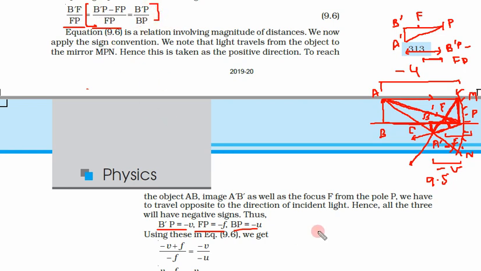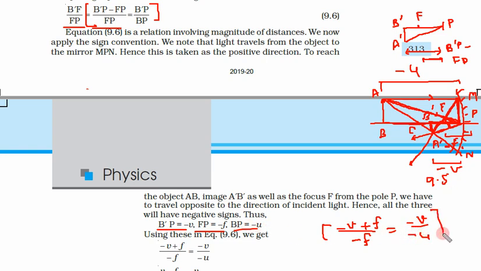B'P is nothing but minus v. FP is nothing but minus f, and minus will become plus, divided by FP. FP is again minus f. This must be equal to B'P, which is minus v, and then we have BP divided by minus u.